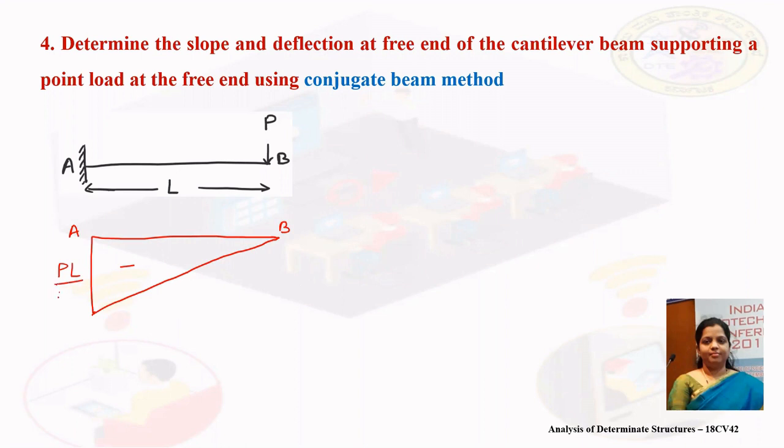Therefore, the M by EI diagram will be PL by EI. This is the M by EI diagram. Since it is sagging, the load will be acting upwards.